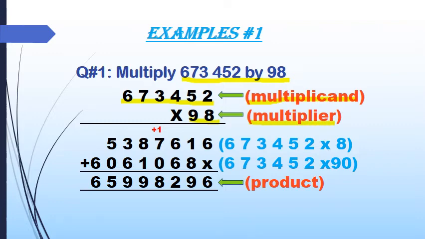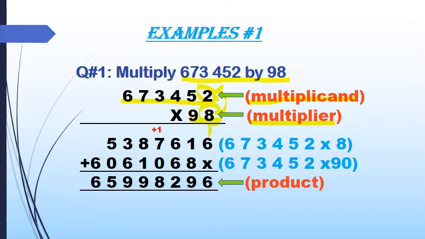We always start with the units digit of the bottom number. The multiplier is multiplied with the multiplicand's units place. Now multiply it by the last digit in the top number.